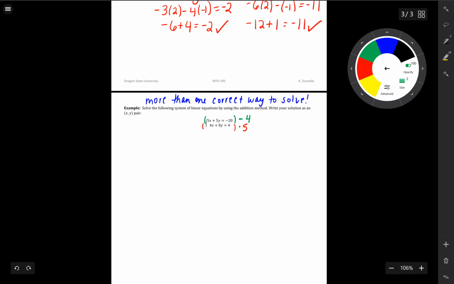So when I do that, the top equation becomes -20x minus 20y is equal to +80. Multiplying everything on the top equation through by -4. And when I multiply the bottom equation through by 5, I get 20x plus 40y is equal to 20.